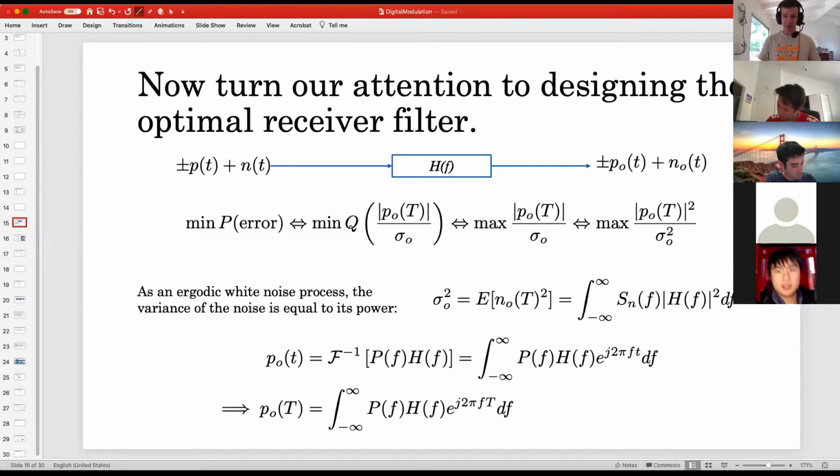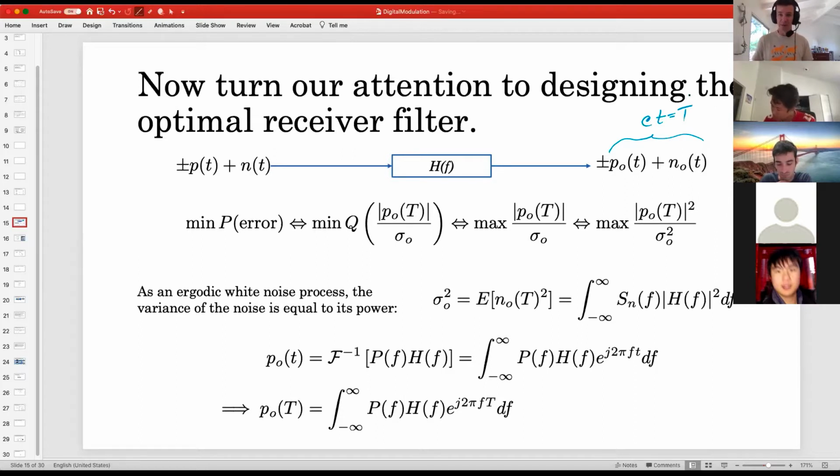The answer was, if the bits were equiprobable at the beginning, then the optimum threshold is 0, and therefore we are just looking at this signal at the end of the bit period and deciding if that is positive, we'll call it a 1-bit. If it's negative, we'll call it a 0-bit.